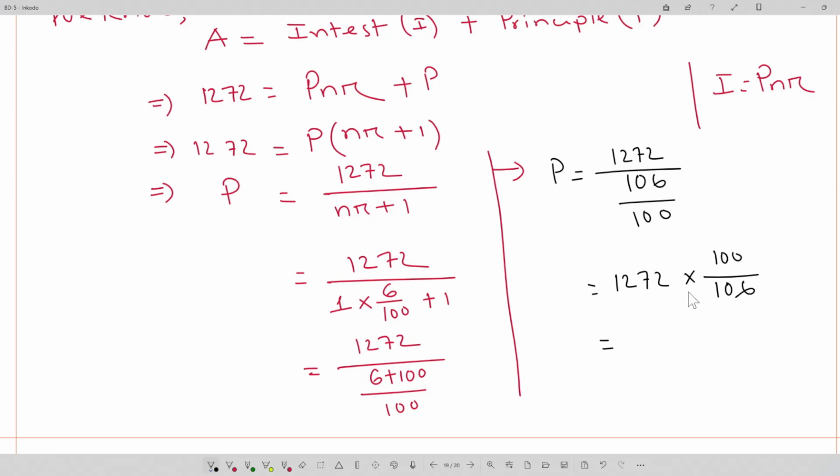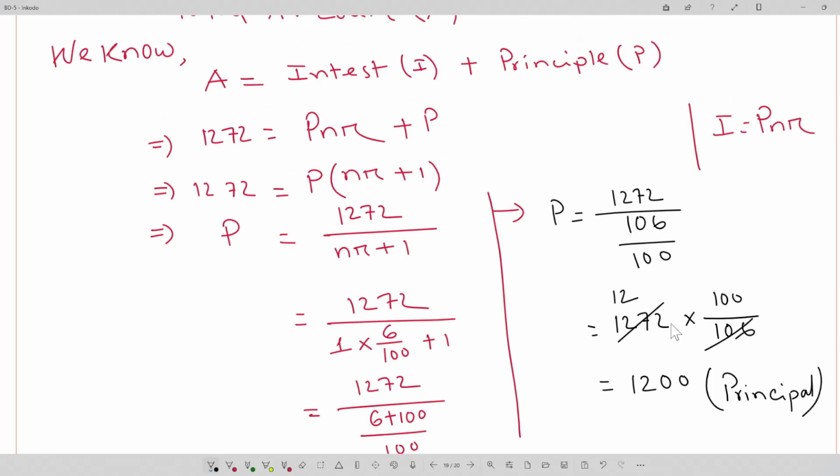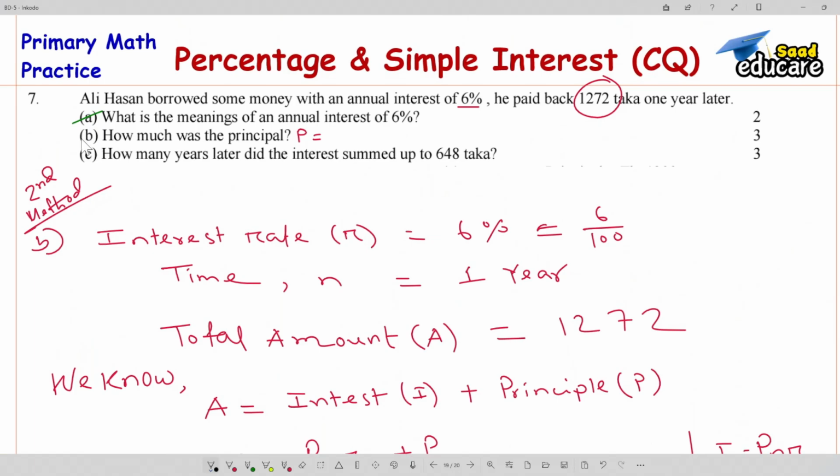So now we can write 1272 divided by 106 is 12, and 12 times 100 means 1200, and this is our principal. Okay, so you can follow either one. Number B is done. The answer will be the same.